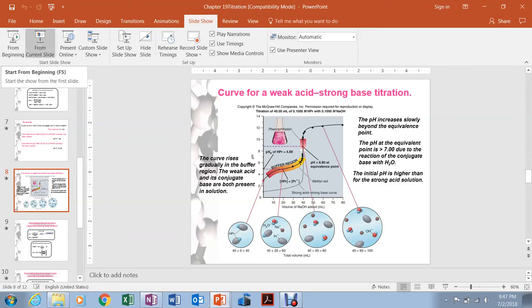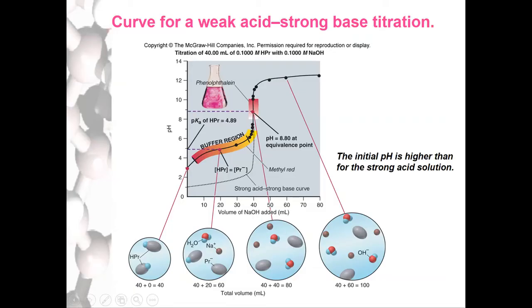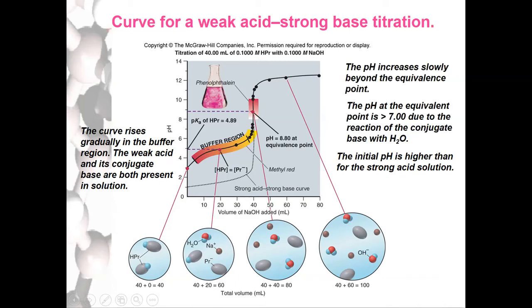Let me show you here for a second, because maybe you can't see it. If you look at this, you see here we have the weak acid with the conjugate base. If you remember that we did it before, when you have equal concentration, the equation gives us that the pH is equal to the pKa, because this 1 and 1, this over this, is 1, and the log of 1 is 0.